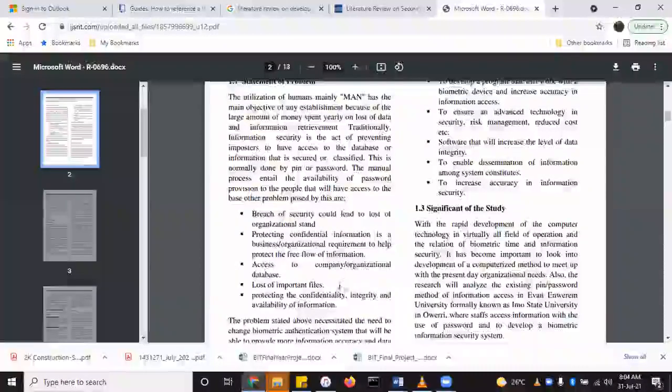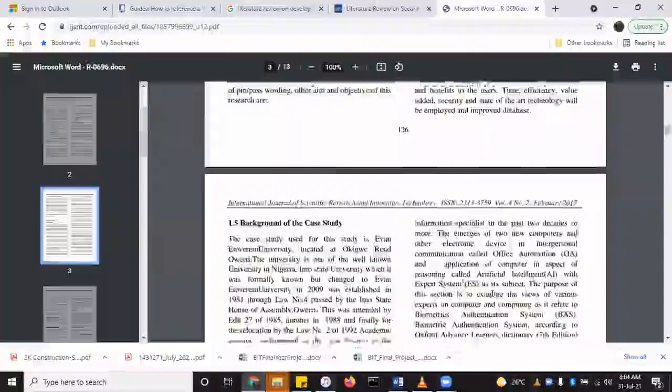So that could come from loss of information from important files, as well as protecting confidentiality, integrity, and availability of information. Okay, so that also falls under errors.